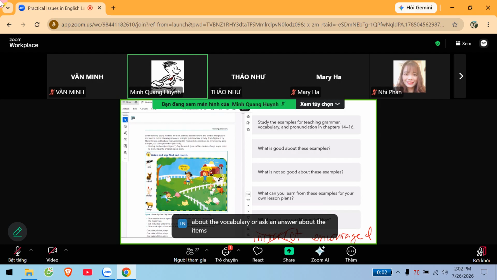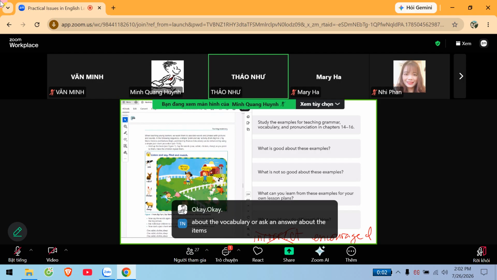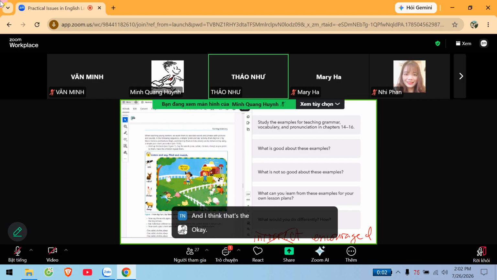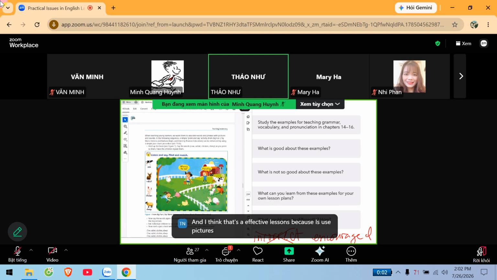And I think that's an effective lesson because it uses pictures to introduce the new words, and students can learn by listening, counting, repeating, and chanting.